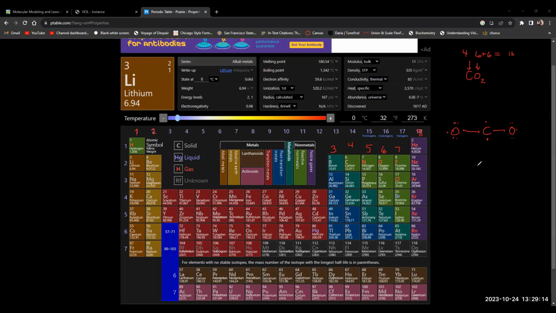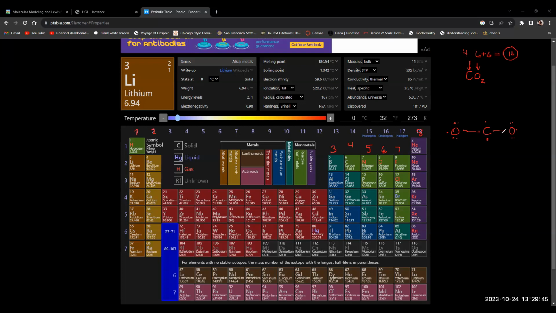We can't make them appear out of thin air because that's just not how it works. There's that saying, you can't create or destroy. So we have to work with the 16 electrons that we started with. And we have to make sure each atom has reached this octet.